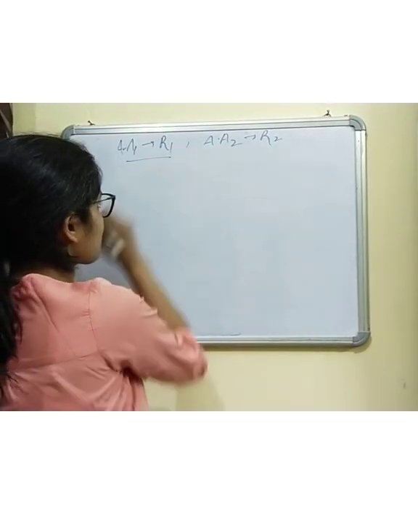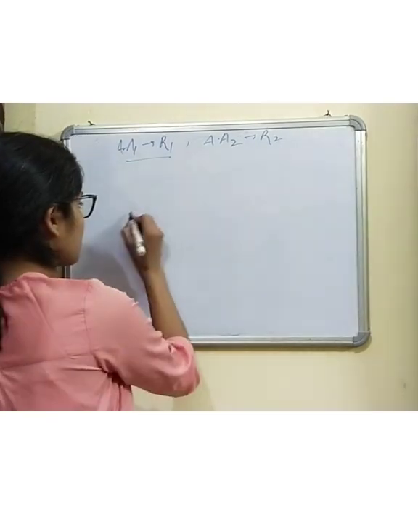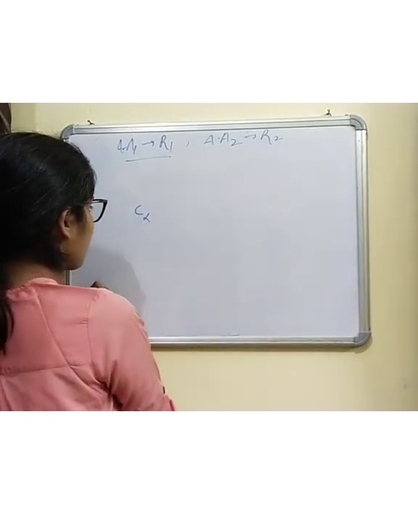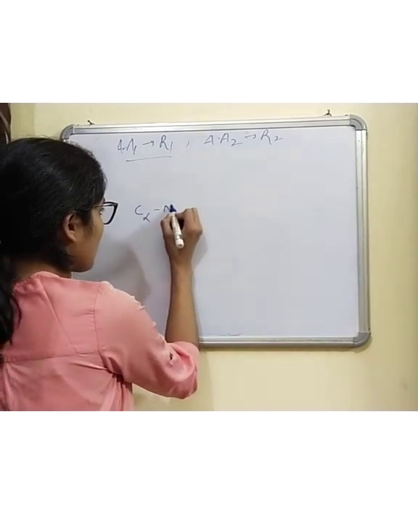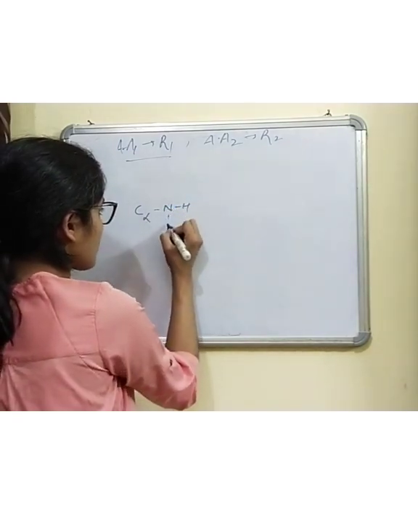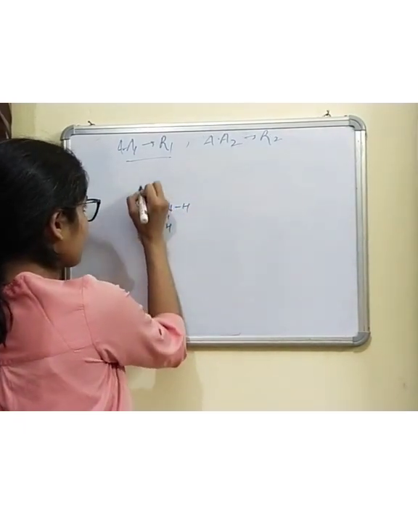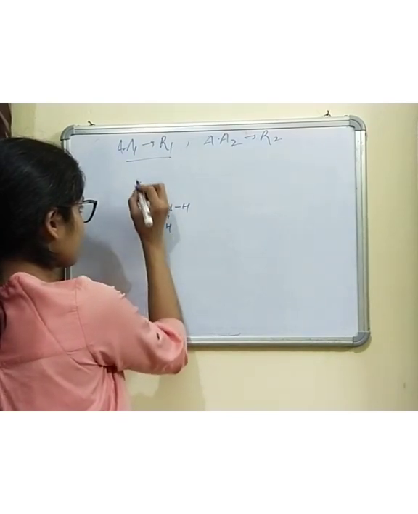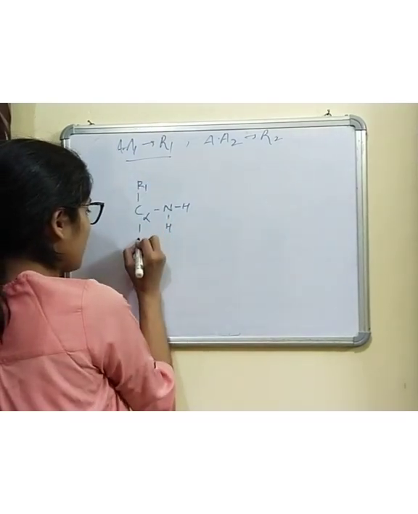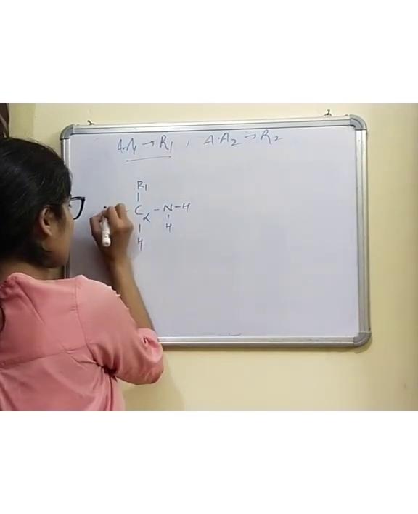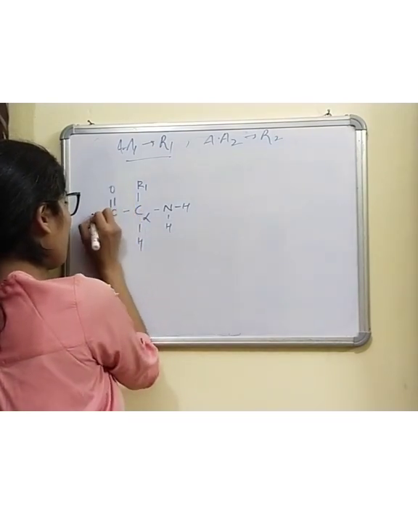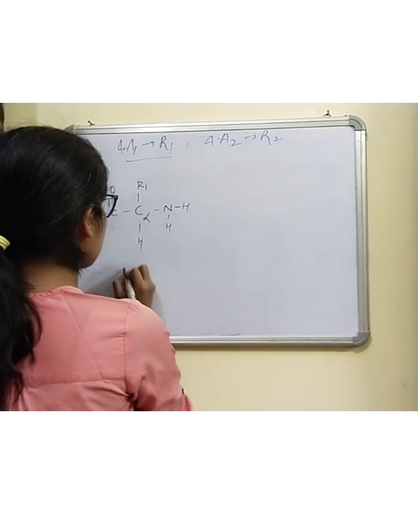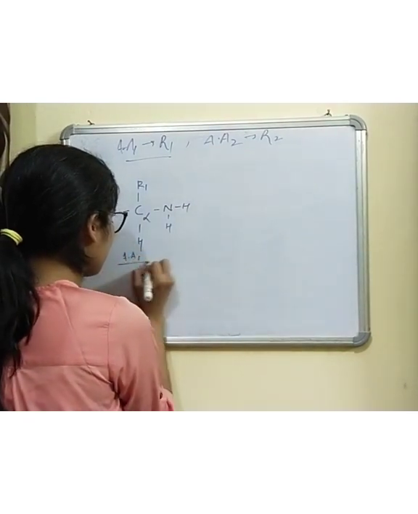First we'll draw the amino acid structure. Amino acid 1: C alpha, N H, R1, H, C double bond O, H. Okay, so this is amino acid 1.